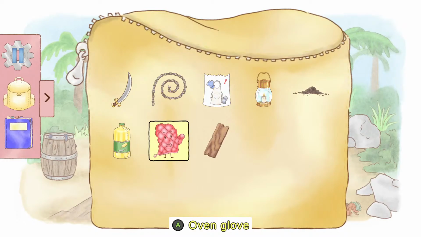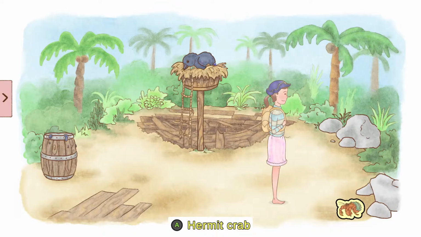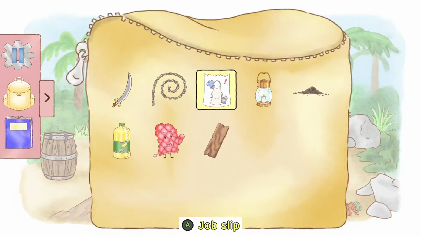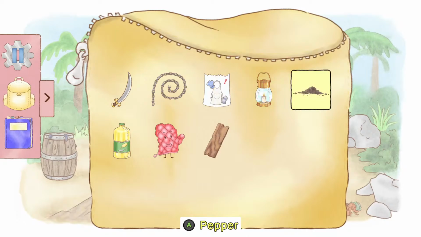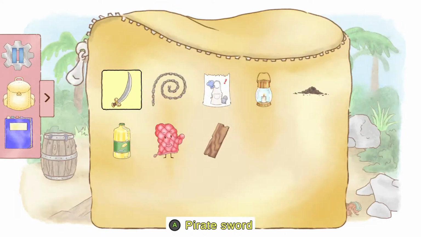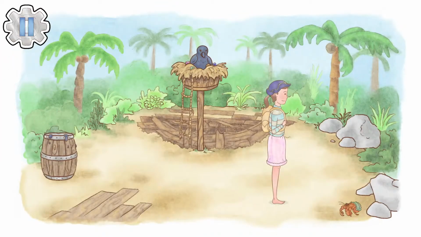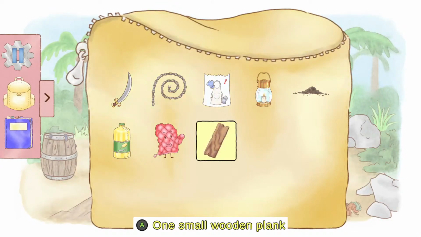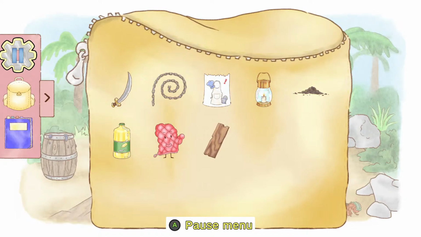Job. Slip. Oven glove. Hermit crab. 1 small wooden plank. Lantern. Pepper. Pause menu.